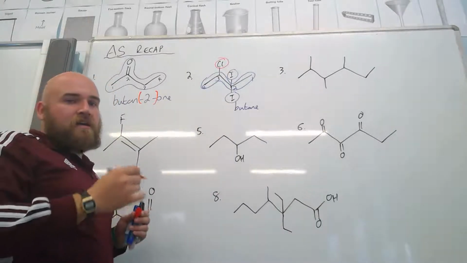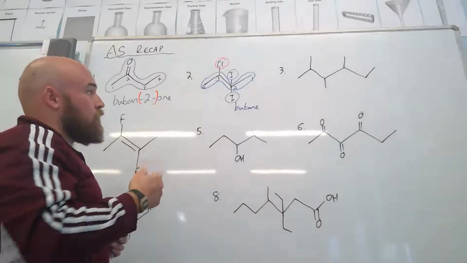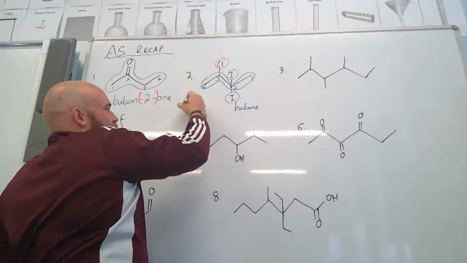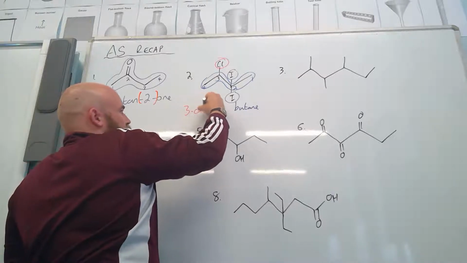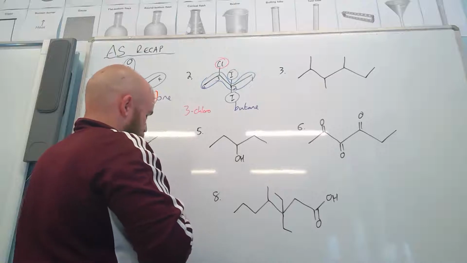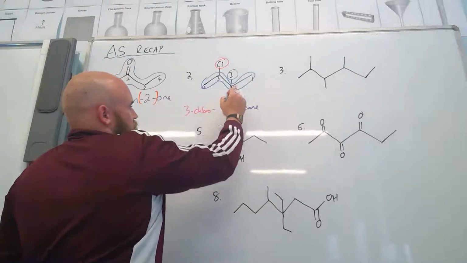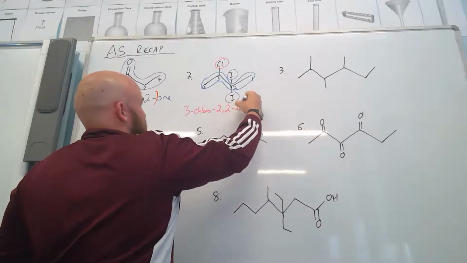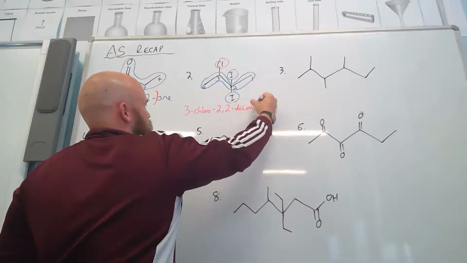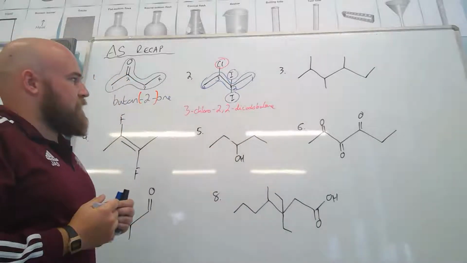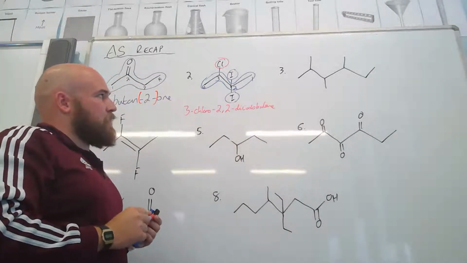Which one am I going to name first? Well, we name all the branches alphabetically. So C comes before I, so it's 3-chloro, and then 2,2-diiodobutane. Okay, 3-chloro-2,2-diiodobutane.